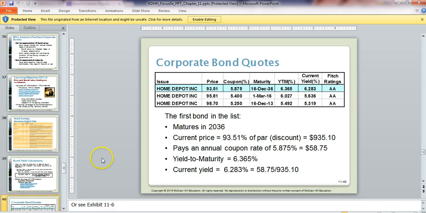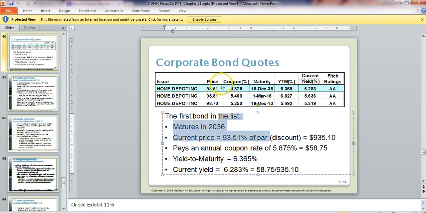Here's an example of a bond quote for Home Depot. First one matures, we can see that in 2036. Current price, again, 93% of par value, which you just move the decimal over one place to get that answer. Pays an annual coupon of $58.75. Why is the yield to maturity higher here? Well, check this out.